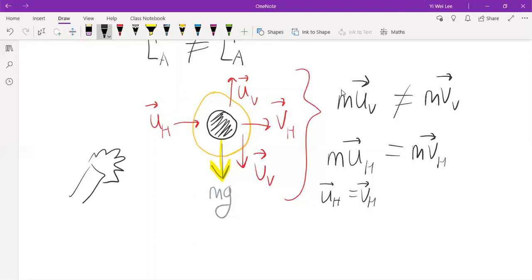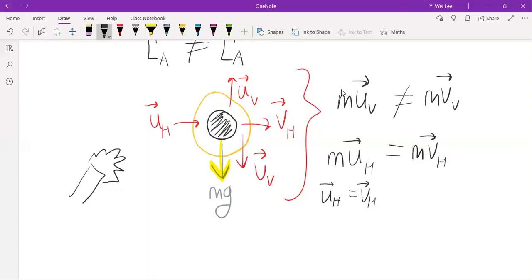So look at this situation. Let me repeat so you understand what I'm trying to say. We only have one external force, the gray part, and this force acts in one particular direction. If your external force is acting in only one direction, momentum is not conserved in that direction.